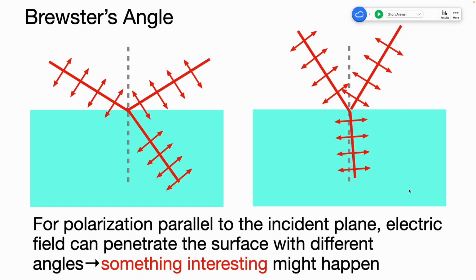A smaller incident angle, this is smaller because this is the normal line with the light ray, makes the electric field kind of parallel to the surface. But if I have a bigger incident angle, now the electric field is going right into the surface, penetrating it. So you see, for this polarization, changing the incident angle should change how the electric field, or how the light ray, interacts with this water surface.